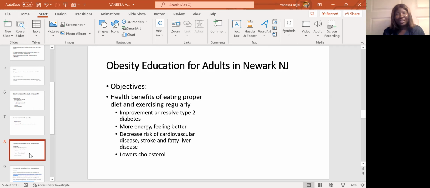These are all the things that we want to hear. We have to continue to educate our communities, because if you've lost weight, you are not on medication, you are able to move around, and you are eating healthy, it makes you feel better. You have more energy for a lot of things.